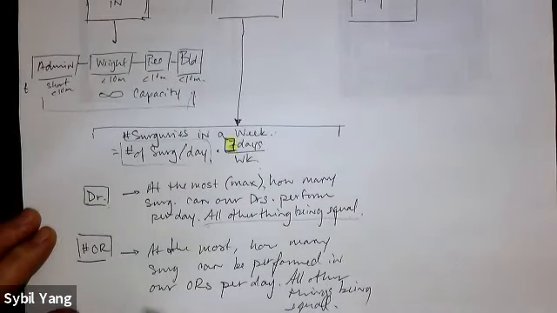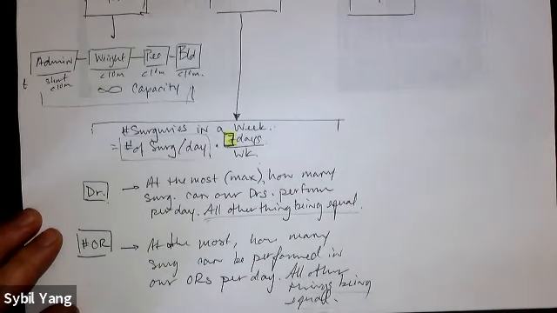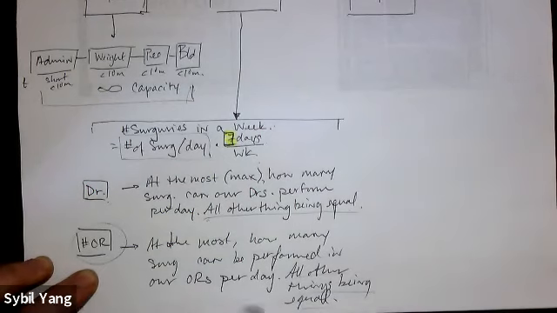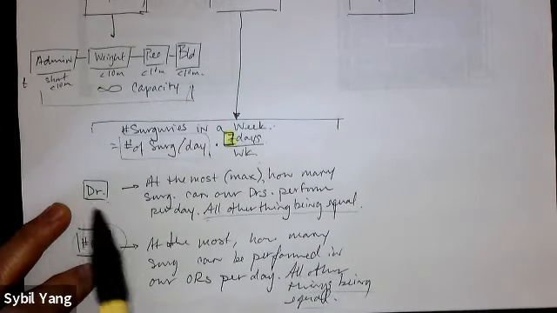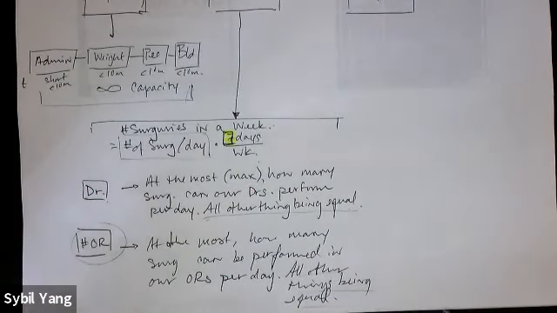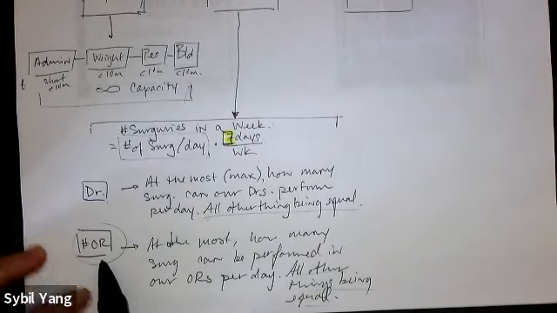Okay, so by this statement, what we're saying is all other things being equal, how many surgeries can we perform in our OR? Meaning we're going to assume that the OR is the constraint. Nothing else is the constraint. So we're going to assume that we have an infinite number of doctors, right? We're going to assume we have an infinite amount of resource except for the number of ORs.